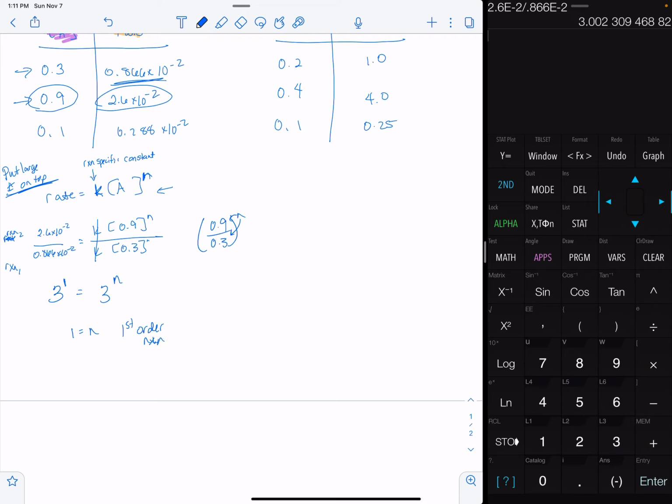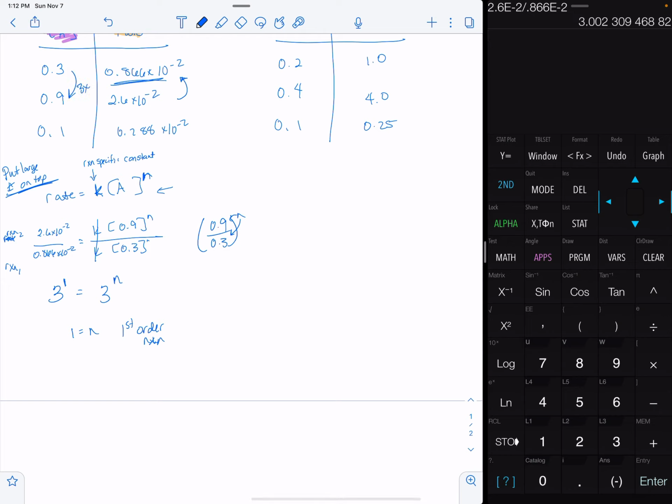Now, could you have figured that out yourself? Probably. Just by inspection, if you had looked at the 0.9 to the 0.3, you probably saw that's a change of 3. And then if you look here, you might not have been sure what the change is, but you might have been able to guess, or at least ask yourself, is that a change of 3? I should have done the arrow this way.